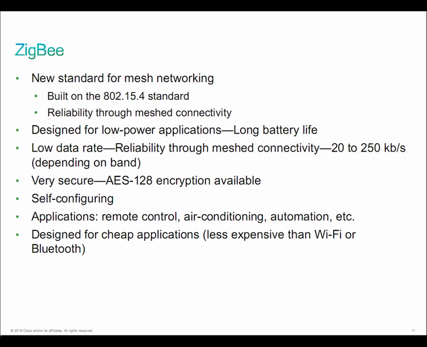So ZigBee devices are typically going to be used in low data rate applications. You need a long battery life. You need secure communication. You can see here that it's very secure, uses AES, Advanced Encryption Standard 128, available, self-configuring, and so on. This has been around for a while.